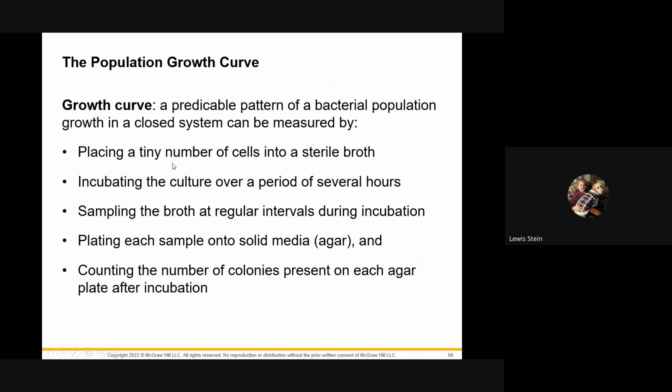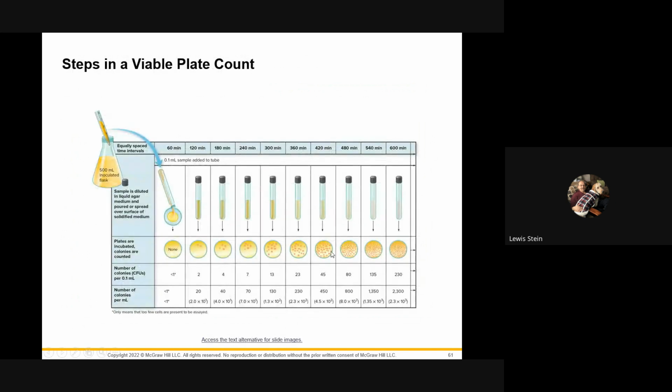So we would inoculate identical tubes of broth with a certain number of cells. We would incubate, and at regular intervals, we would take samples out sterilely and count the number of organisms after we plated them out on agar. And so we developed this type of thing.